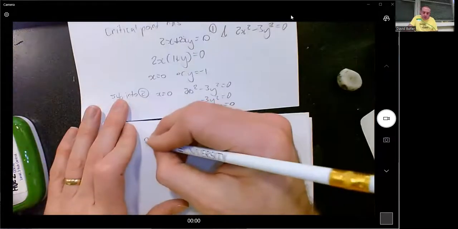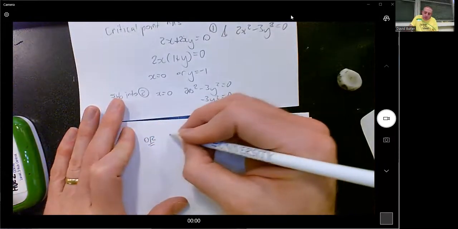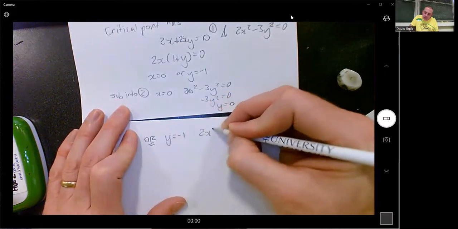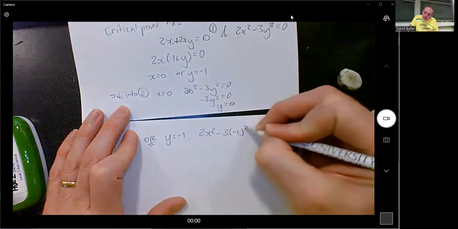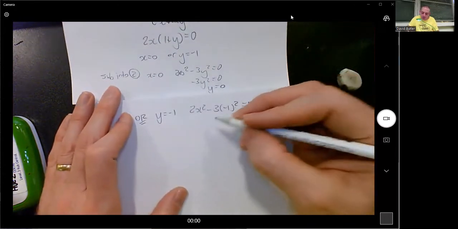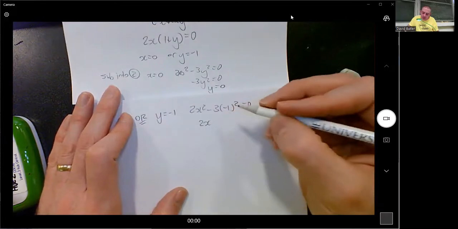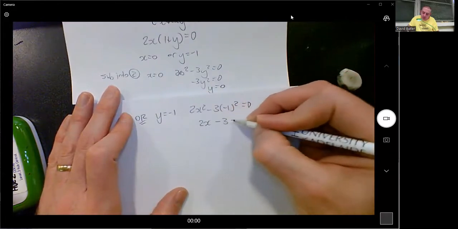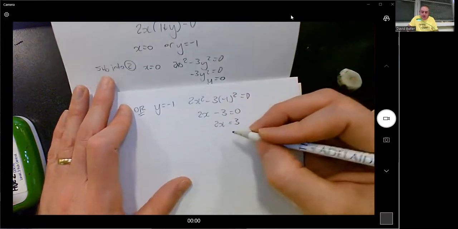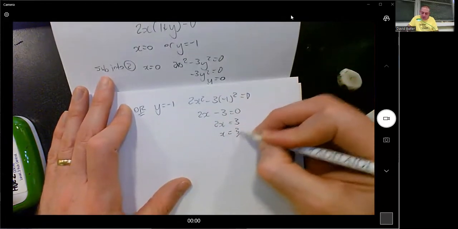Or y equals -1 will produce 2x squared minus 3 times -1 squared is 0. And so I'll get 2x squared minus 3 is 0. So 2x squared is 3. And so x squared is 3 on 2.